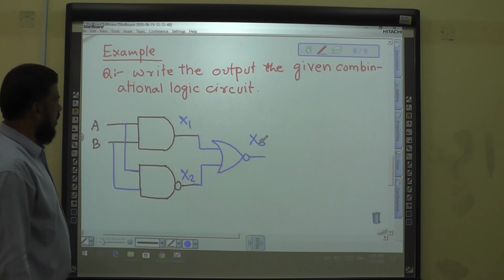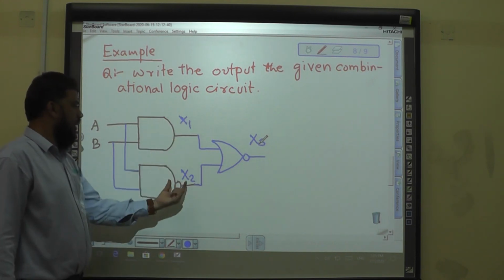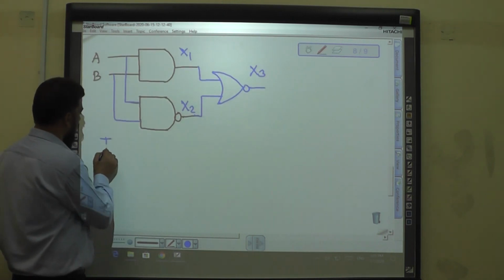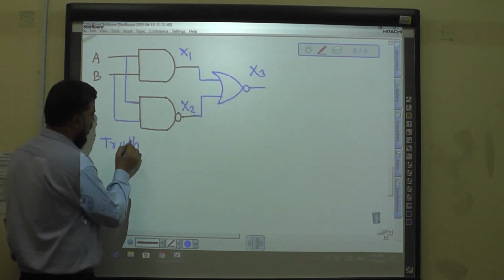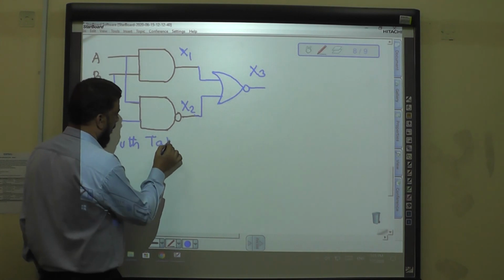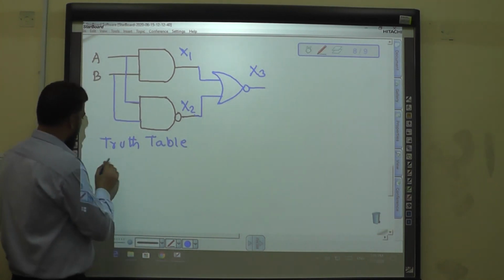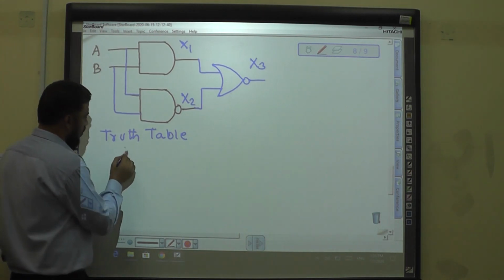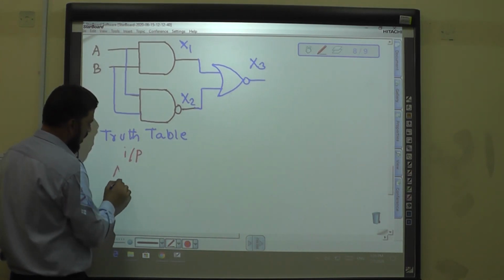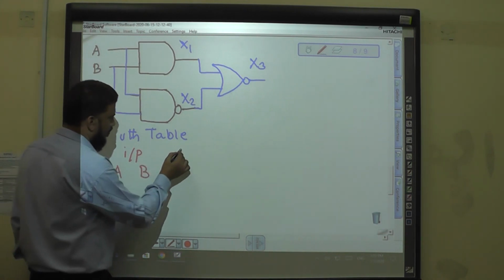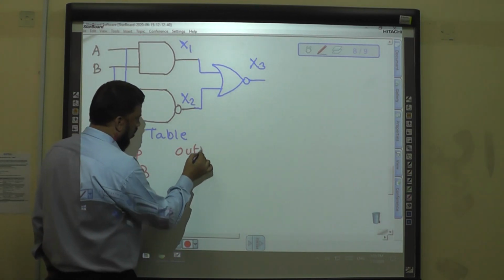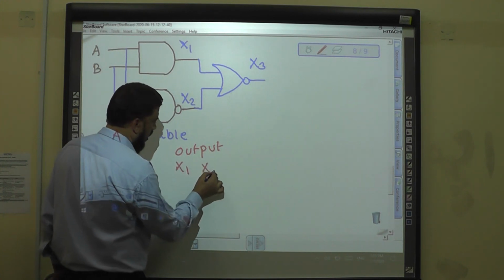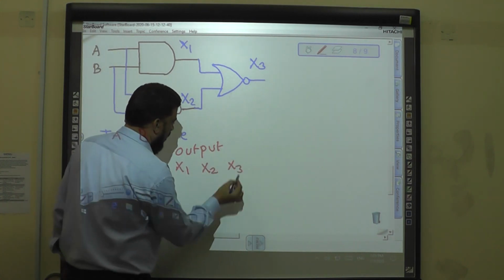So you have to write the outputs x1, x2 and x3. Means you have to write the truth table like this one. Truth table: inputs A, B, outputs x1, x2, x3.